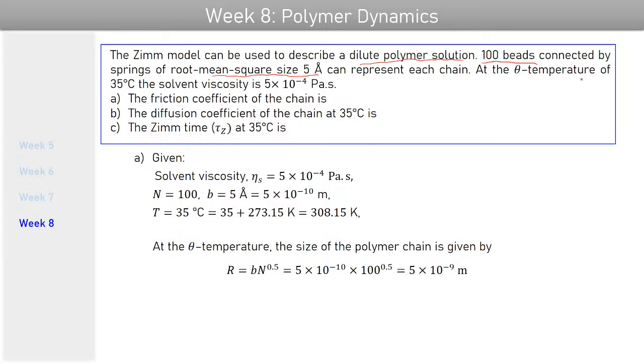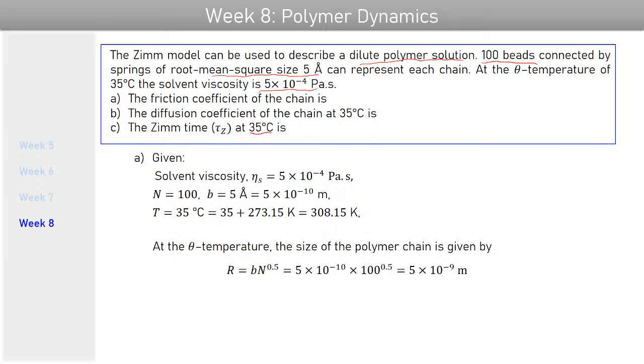At the theta temperature of the polymer solution, which is given as 35 degrees, the viscosity of the solvent is also given here. So the question has 3 parts. One is to calculate the friction coefficient, then the diffusion coefficient at that temperature, and finally the Zimm time.